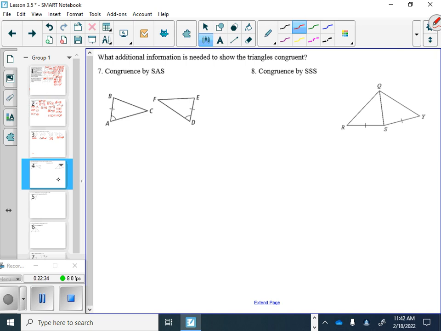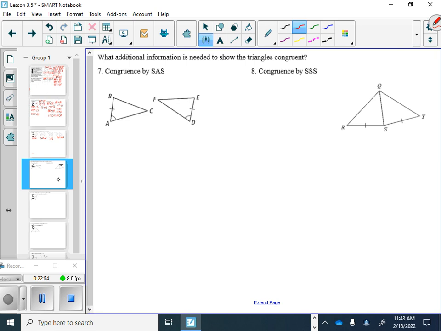It's going to take a little bit of time and practice to realize that. But anytime you have what additional information is needed, whether it's on a test or the study guide, you only need one thing. Eventually it will be obvious.